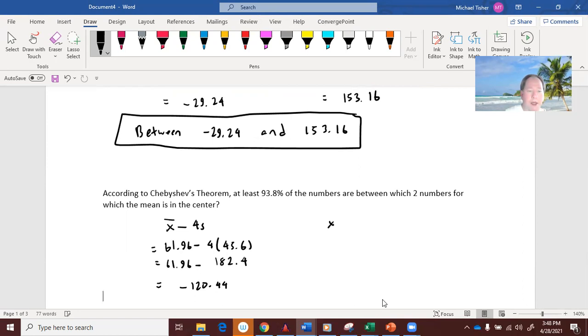Now let's tabulate x bar plus 4s. That's going to be 61.96 plus 4 times 45.6. That's 61.96 plus 182.4.